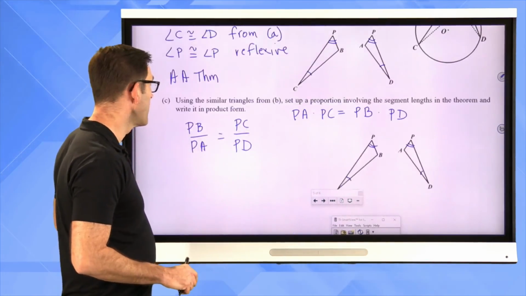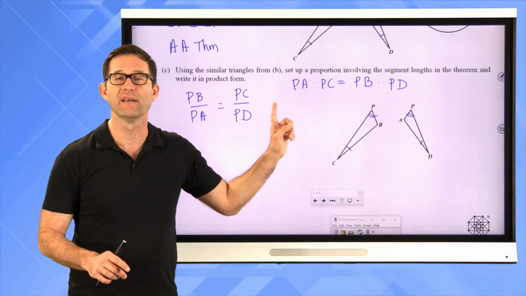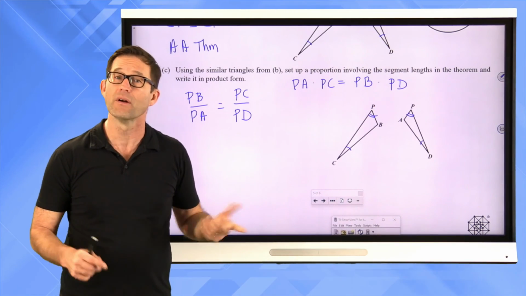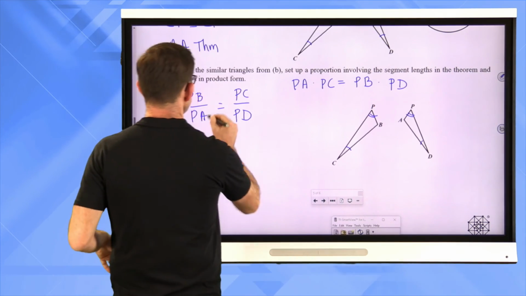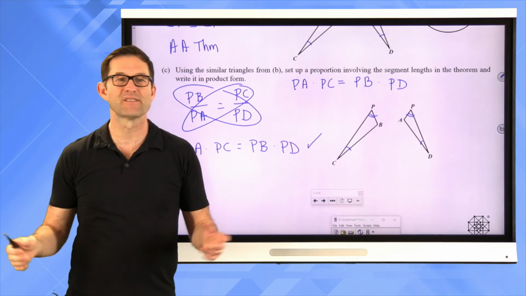So let me come back down here, and of course, once I have that, if I was writing this up in a proof, I might say as my reason, corresponding sides of similar triangles are proportional. But now I can just cross multiply, and I can say that PA times PC is equal to PB times PD. And there it is. Simple enough.